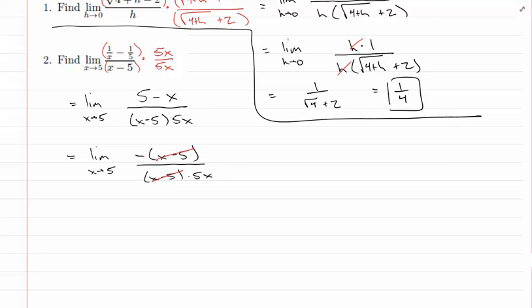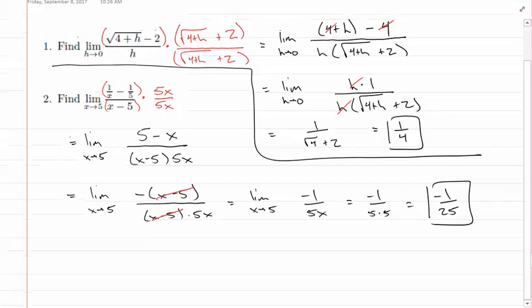So those do cancel. So now this is still a limit as x approaches 5, but now it's minus 1 over 5x. And now, to take this limit, you can just plug in x equals 5 and there's no problem. If you plug in x equals 5, this would be minus 1 over 5 times 5, which would be minus 1 over 25.